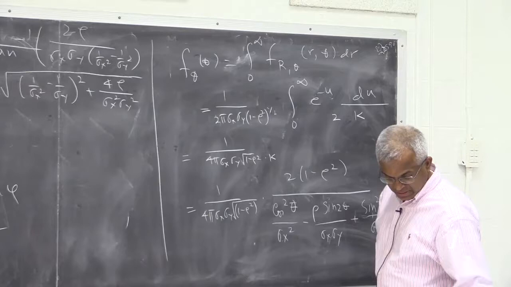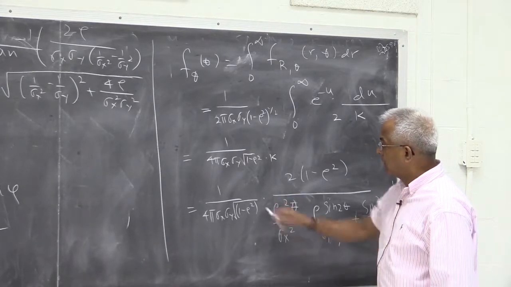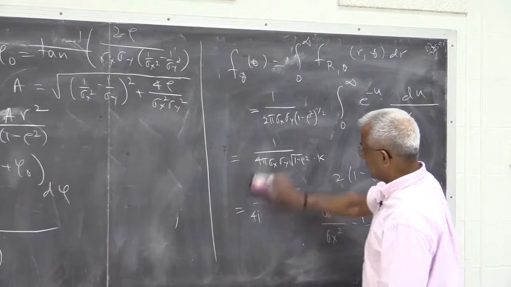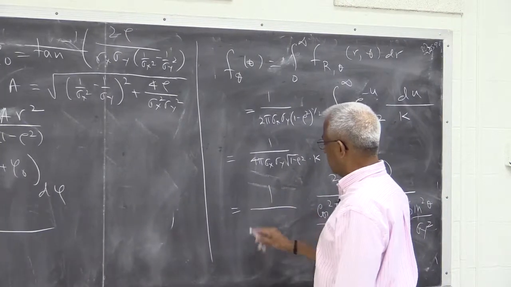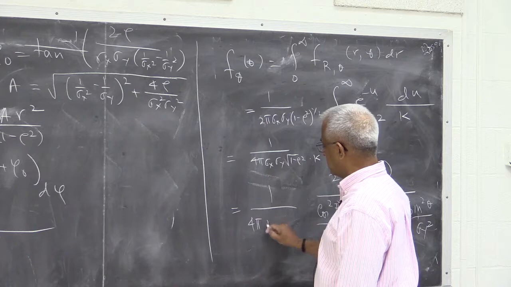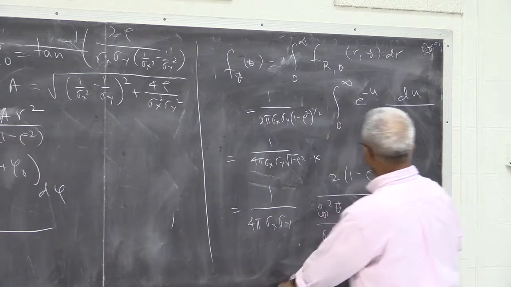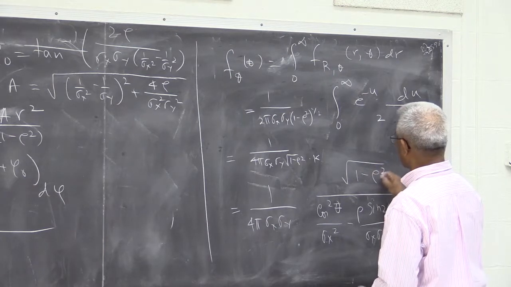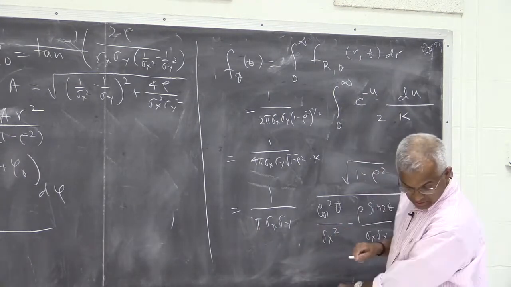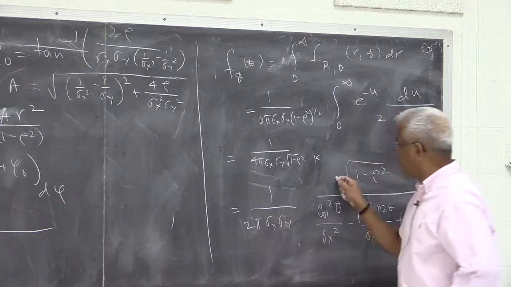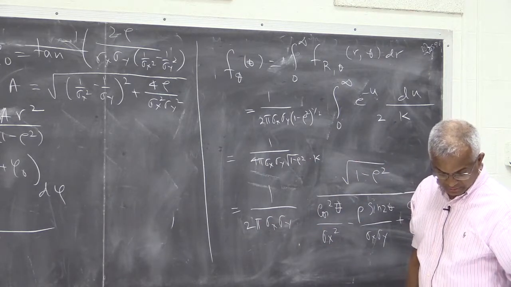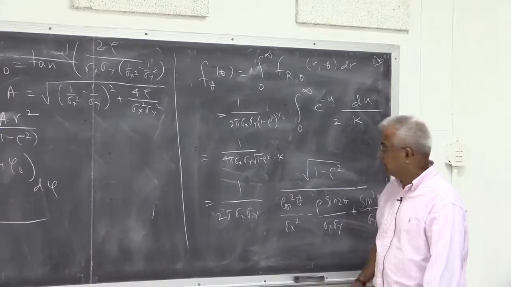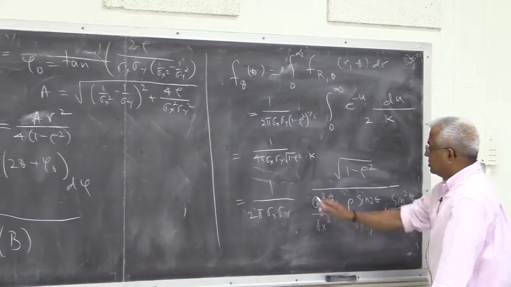So some minor cancellations happen. This cancels with this, so here we would have 4 pi sigma x sigma y, and here the square root of 1 minus rho squared. The 2 cancels with the 4 here, and so this is the result.